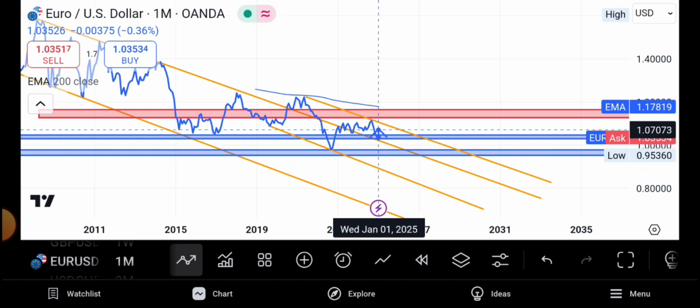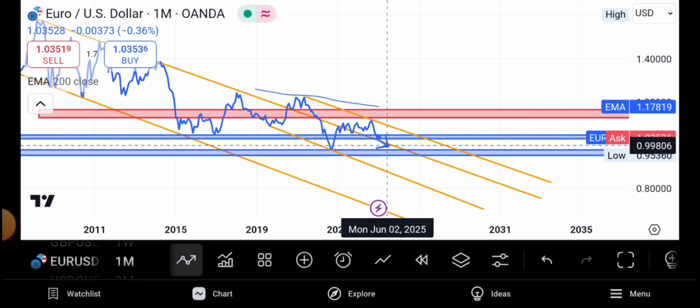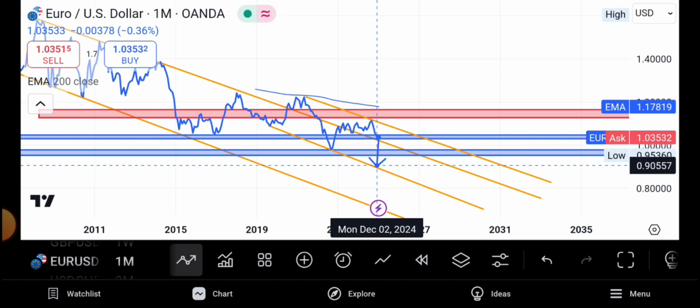But if sellers have power and break these two zones, the blue zone and this trend line, break down like that, be sure we are coming to hit this other support zone, and probably we'll be hitting the lower trend line. Are we together? I hope I'm well understood.